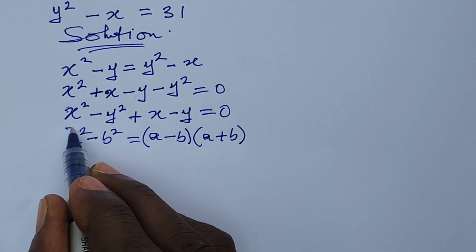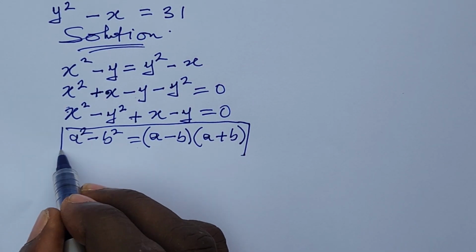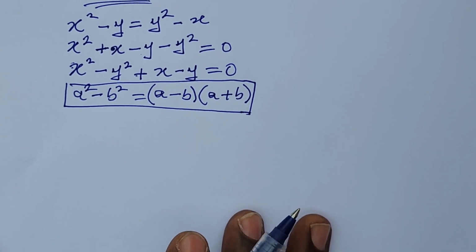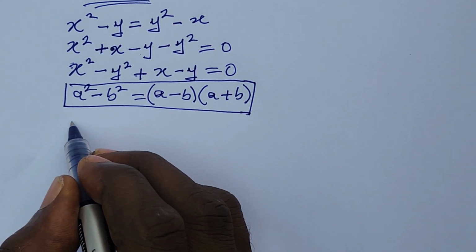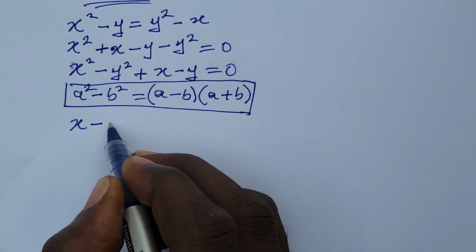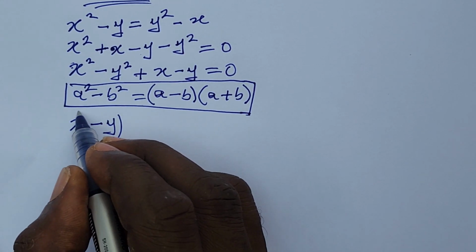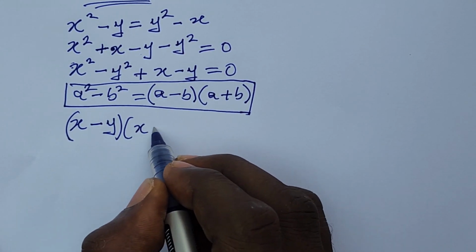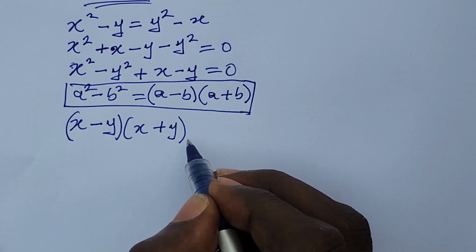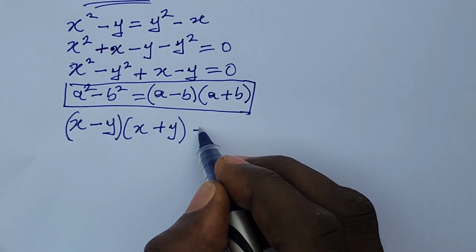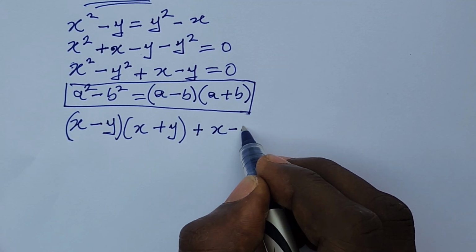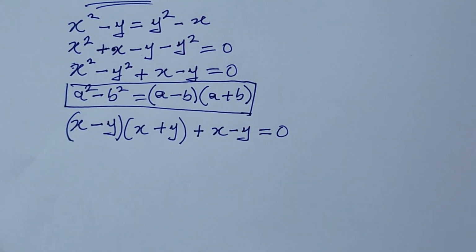So if we apply this, we're going to have x minus y close bracket, x plus y close bracket, then we have our term plus x minus y equal to 0.